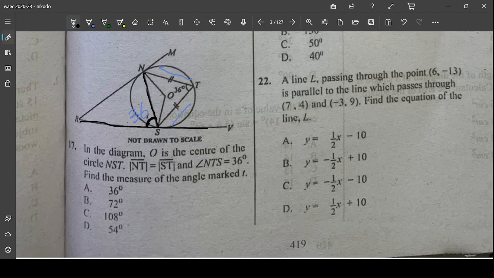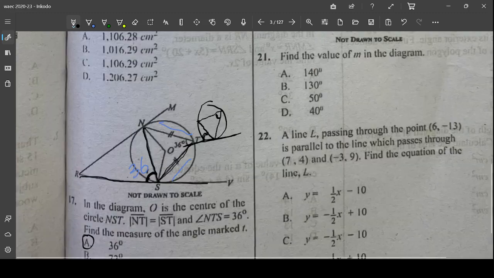So it's a theorem. When you have a chord subtending an angle at the circumference, the angle it subtends at the circumference will also be equal to the angle between the chord and this line, which is called the tangent. All right. So that's how we get 36 degrees.